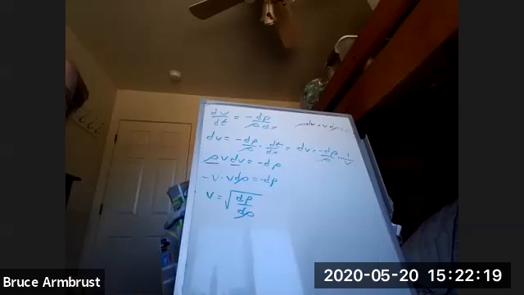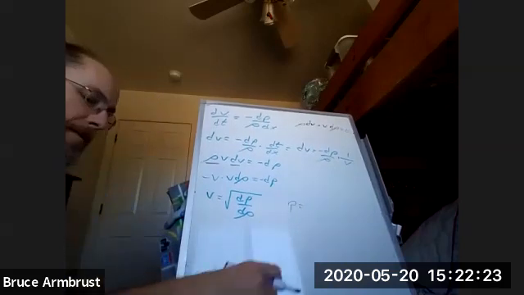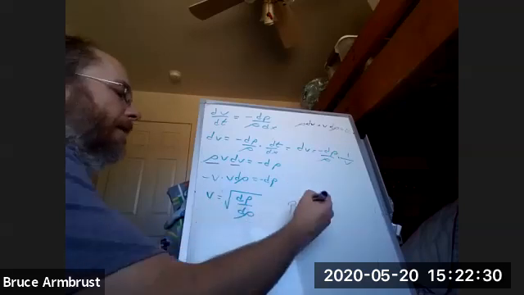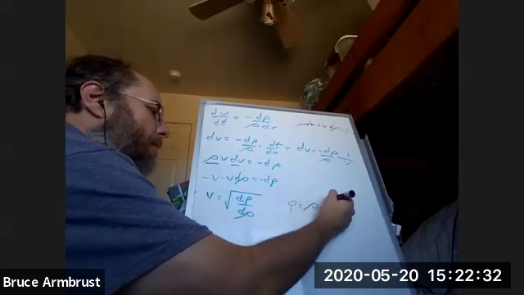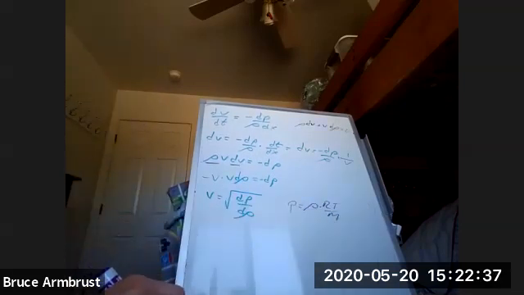We had P equal to rho times RT over M. And so we can differentiate that to get our dP d rho.